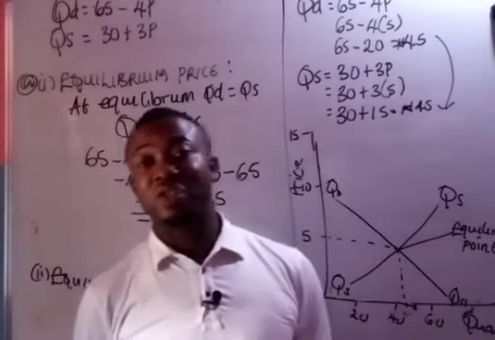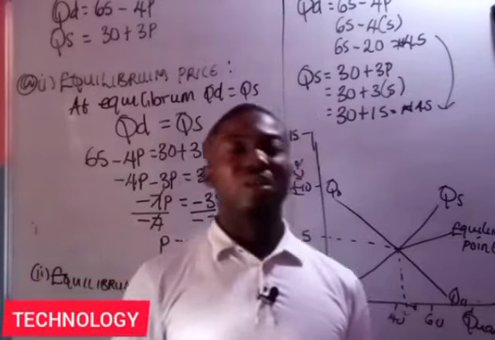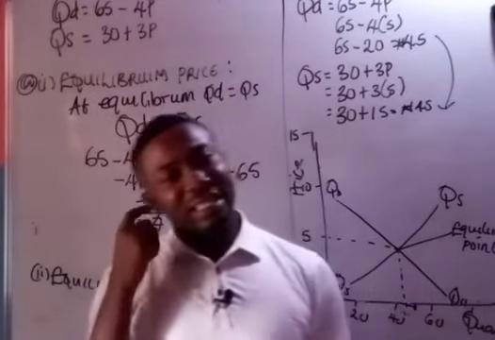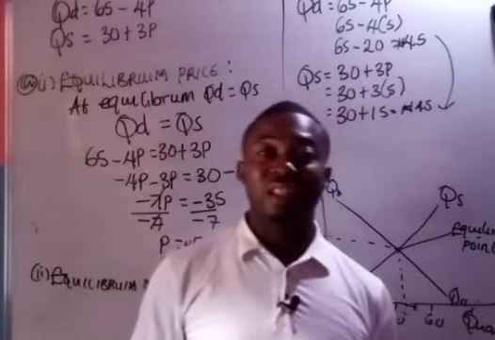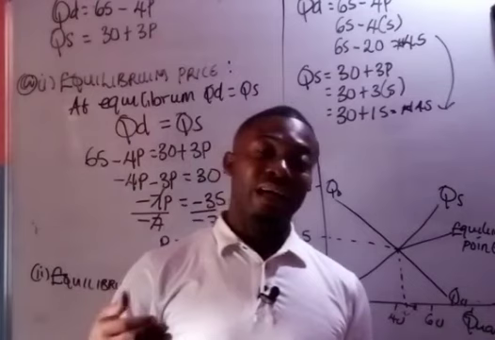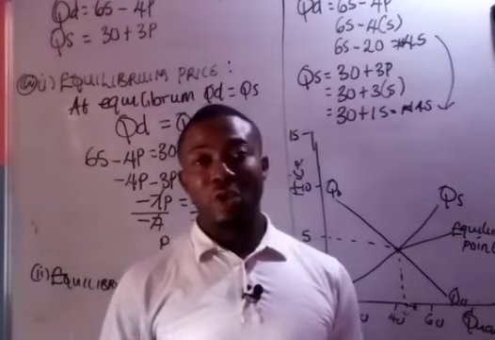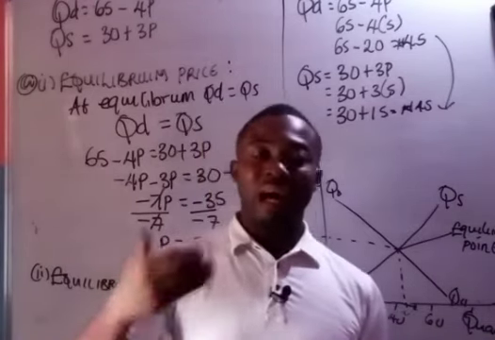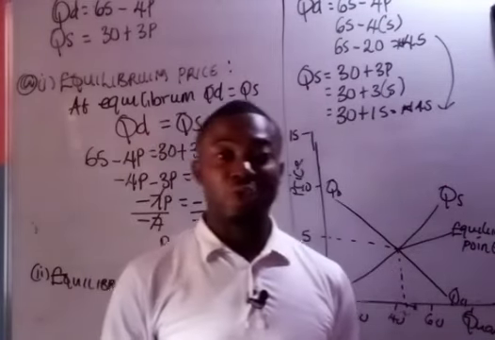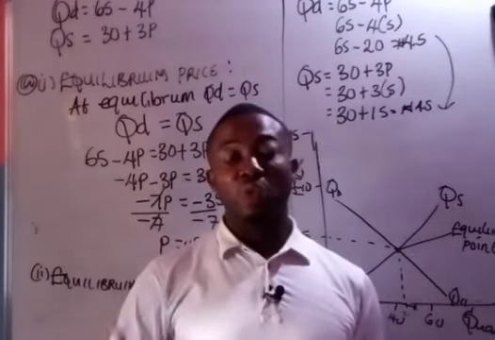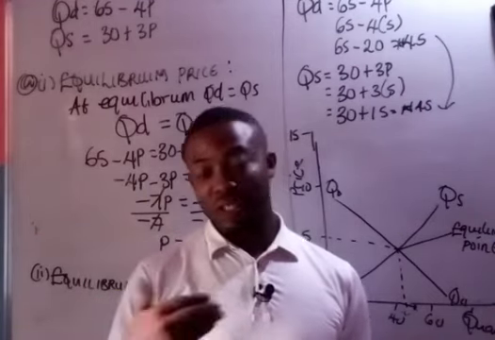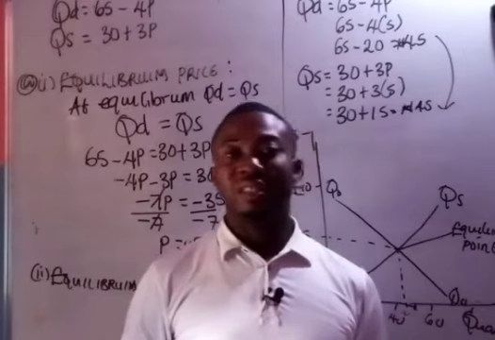Another factor that affects supply is technology. Technology affects supply in the sense that if there's advanced technology that ensures most of the work done by manual labor is done by machines that can multiply the goods and services being produced per time, definitely it will increase the output being produced, which can also increase the supply of goods and services.